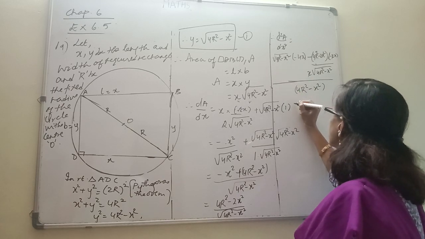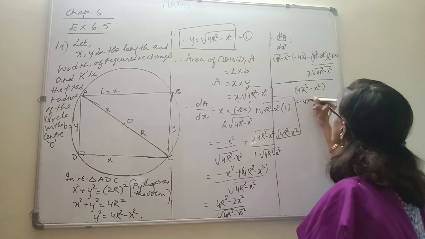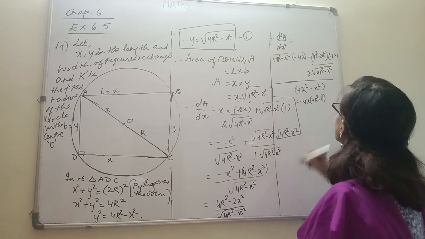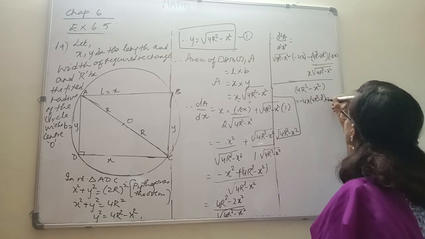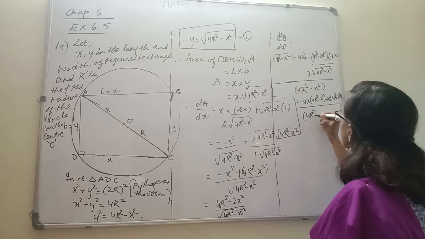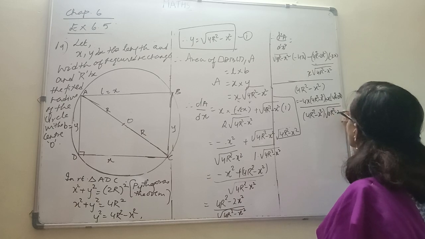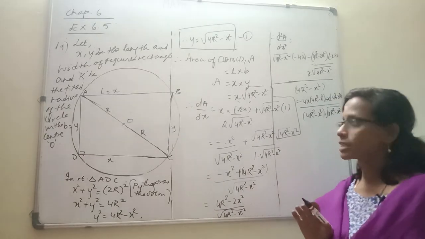So it will come to minus 4x times 4r squared minus x squared, first bracket. Second bracket, it's going to be minus and minus plus, so x times 4r squared minus 2x squared, and in the denominator you have 4r squared minus x squared and root of 4r squared minus x squared when we equalize it. So that's our second derivative, and that is only to check the maximum part.